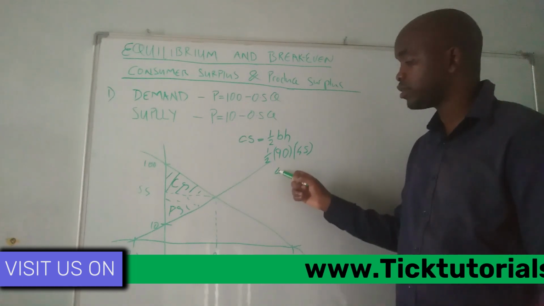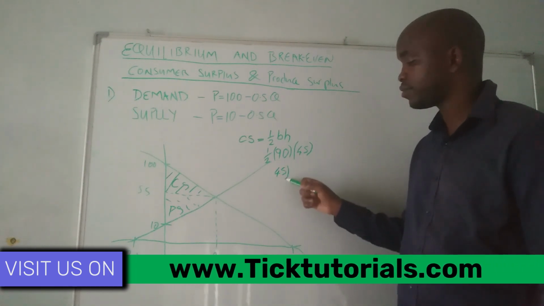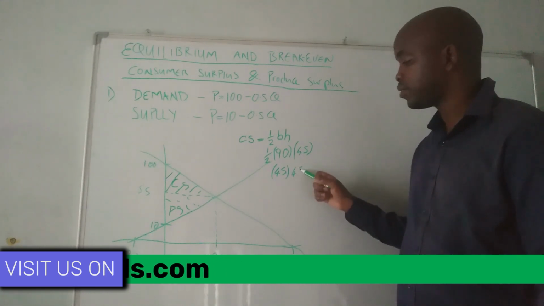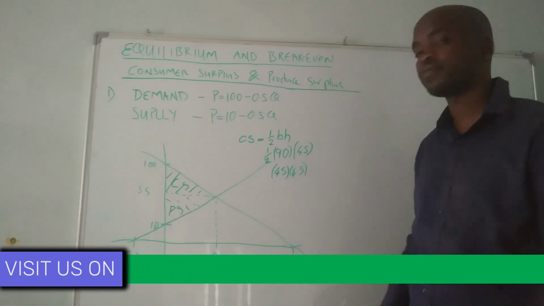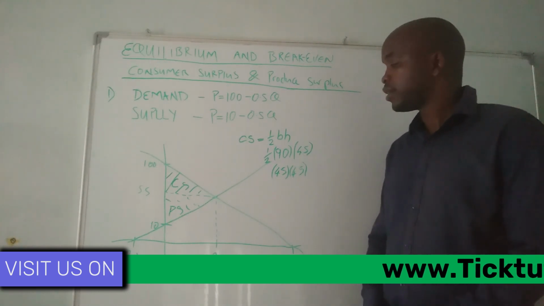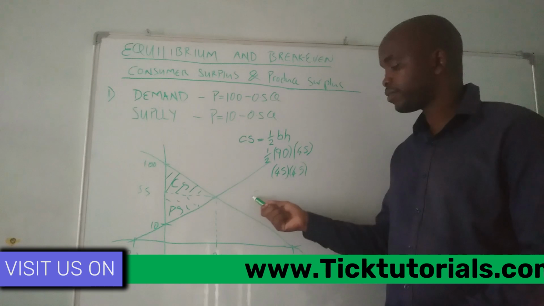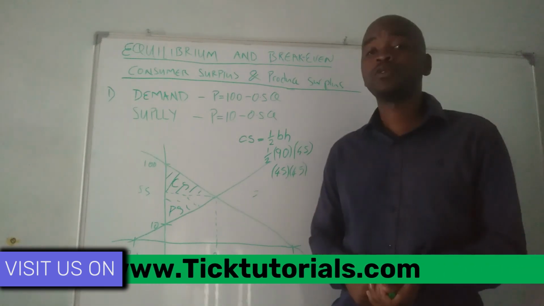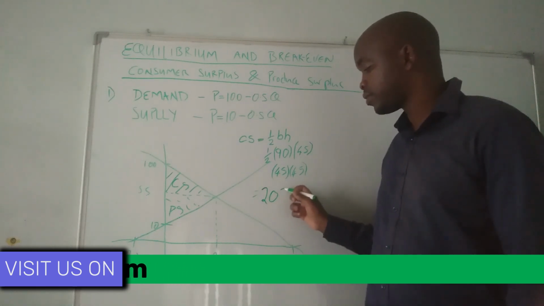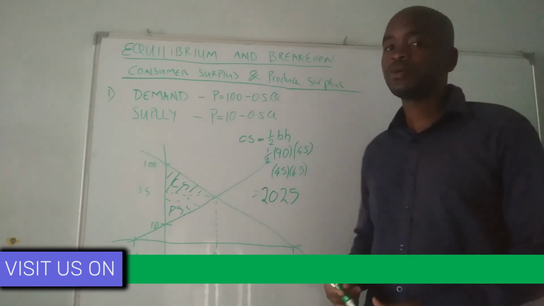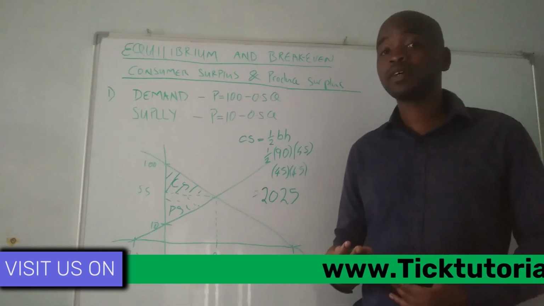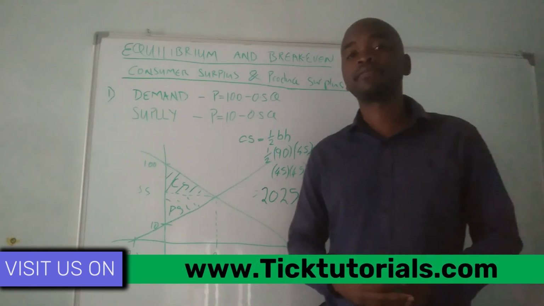We're going to have 45 multiplied by 45. After you do your calculation, you're going to get 2025. So that's how you calculate the consumer surplus algebraically.